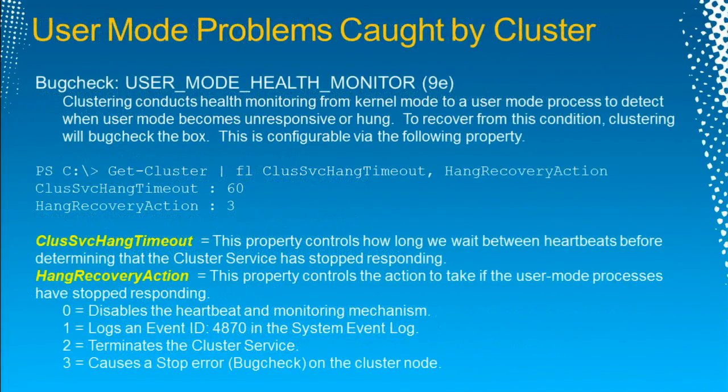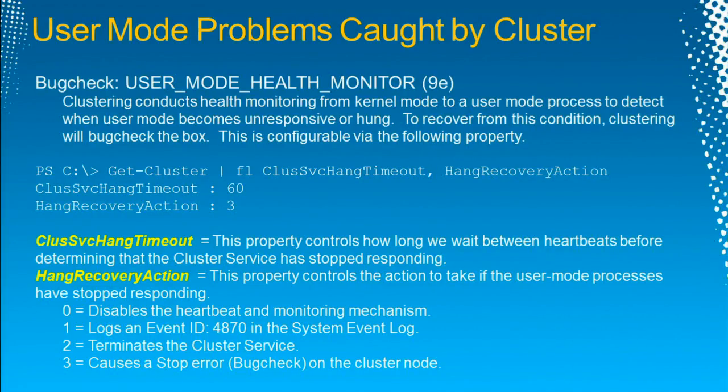User mode problems. We have user mode health checking that we do between our kernel mode component and the user mode component. Okay, if we determine that user mode is hung, we will bug check the box, so that we've got a memory dump, if it's set to create a kernel dump, complete dump, whatever it's set for, so that it can be diagnosed at a later time to see what's hanging up.